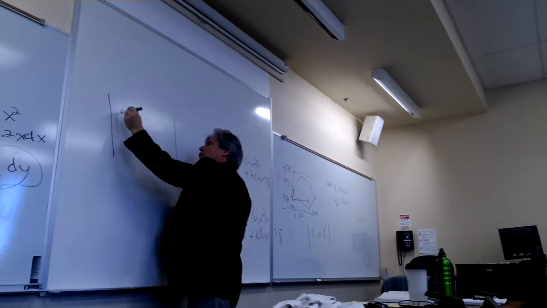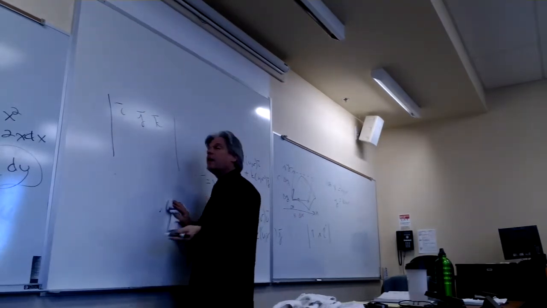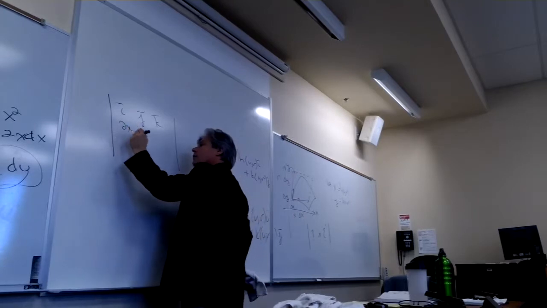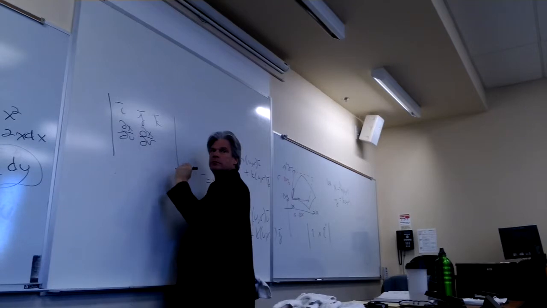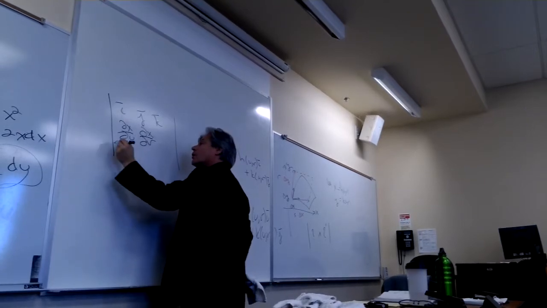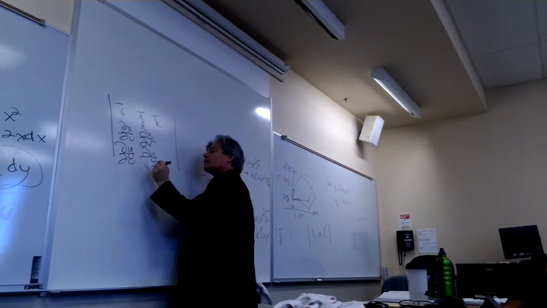It's the magnitude of the cross product with this vector. Let's say the partial of x with respect to u, and the partial of x with respect to the other variable v. And then I'm going to look at the partial of y with respect to u, and the partial of y with respect to v.